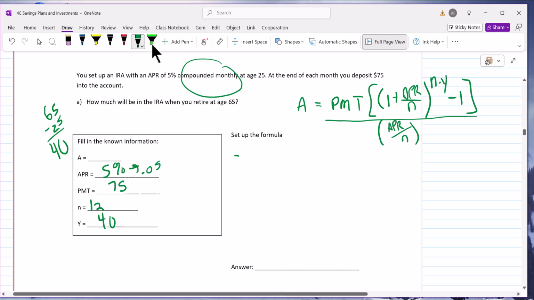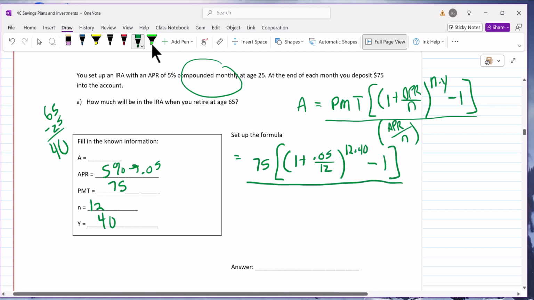Now when you set it up, you're going to do the payment, 75. Make sure you have your bracket, 1 plus 0.05 over 12 to the 12 times 40 minus 1, and then all over the APR, which would be 0.05 divided by 12.